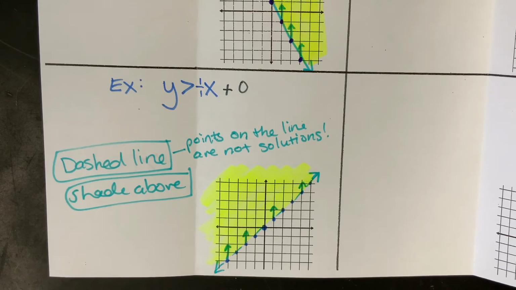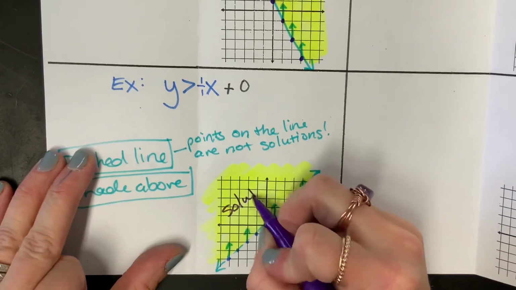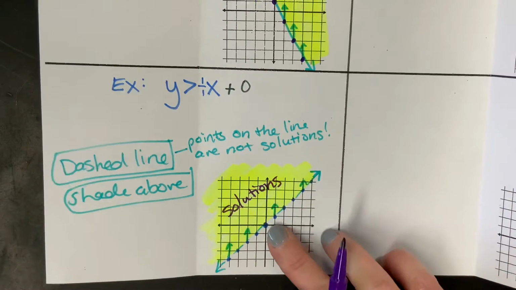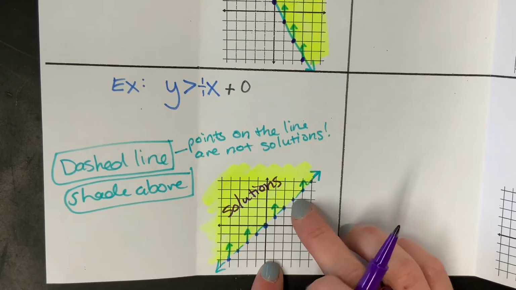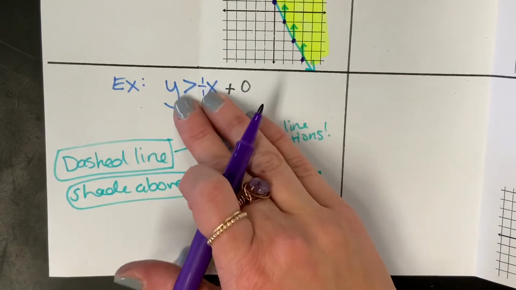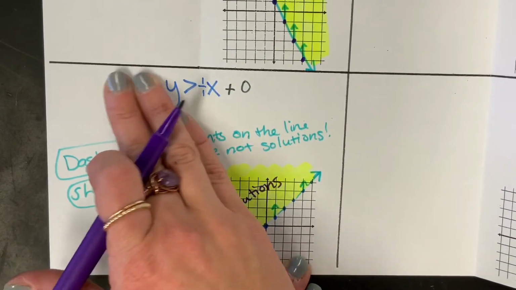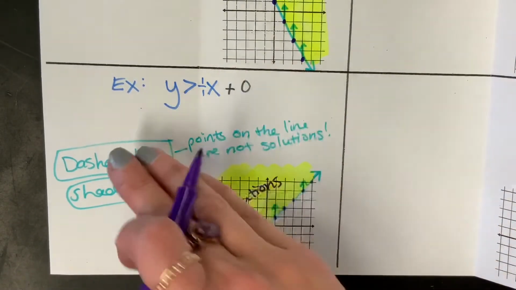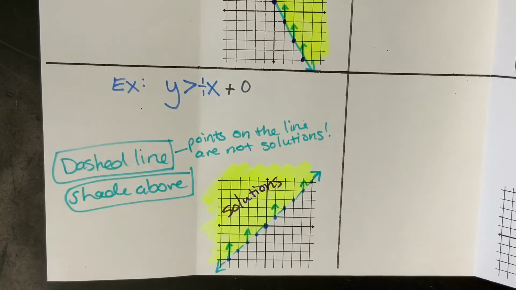They're not solutions. Only the points in the shaded region. Those are the solutions. Even though we see these points here, they're actually not solutions, because if you plugged in the x and the y into here, you would not have the number be greater than the other number. It's always going to be less than the other number.